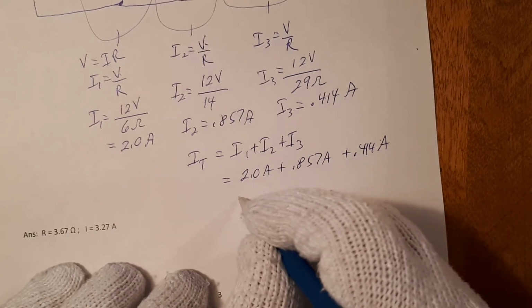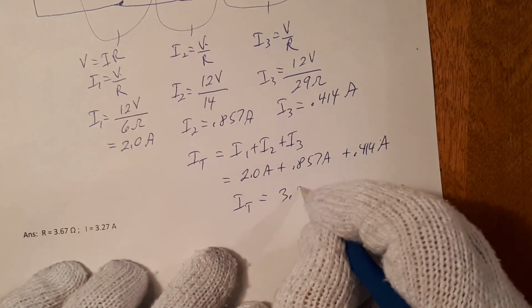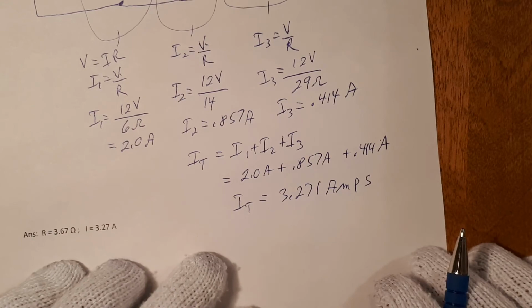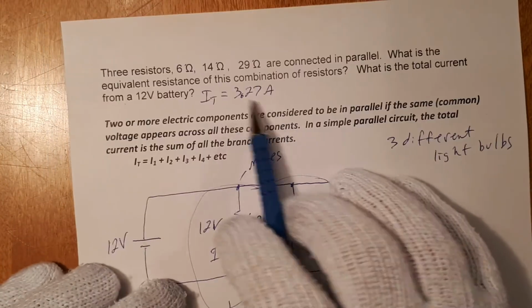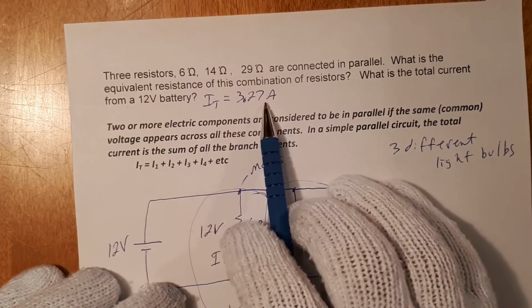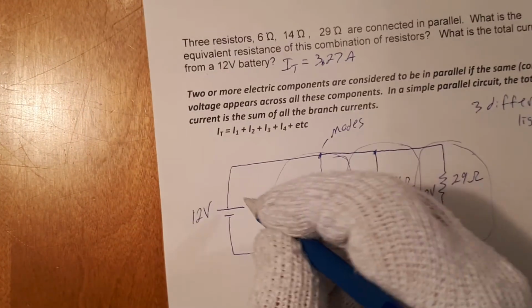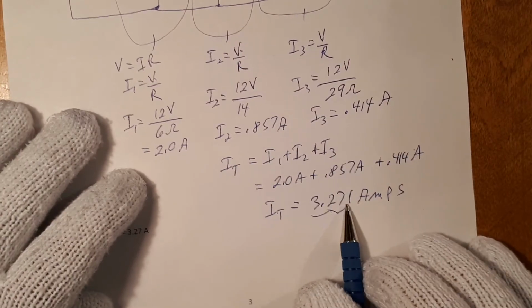Doing this summation, current total is equal to 3.27 amps, and this is what we calculated in a previous video. That is the amount of current that is being drawn here, 3.27 amps.